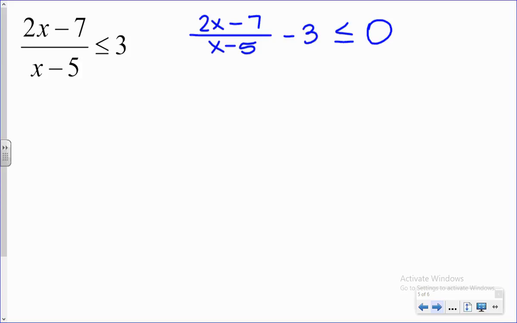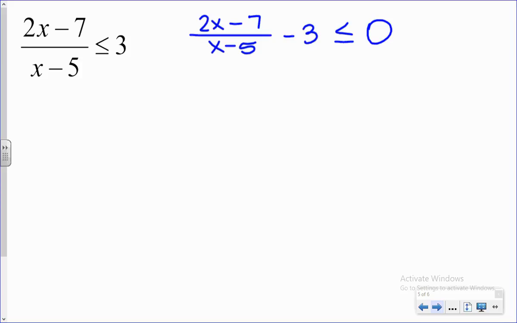Rational -3. Okay, no. I have not given you anything like that to graph. So, in order to be able to determine zeros and asymptotes, we need to get this to be one fraction. Okay, that's fine. If we need to combine these two, that means we need what?